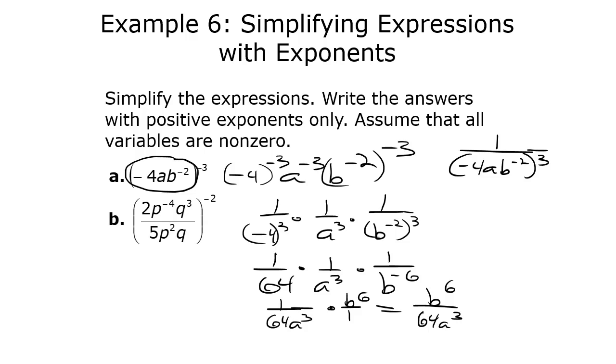Because if we flip this, then it becomes a positive 3. Now we could do everything on it and cube this. So we've got 1 over negative 64. I forgot the negative, because it was a power of 3. A cubed b to the negative 6. And then remember, okay, well, this one defects to the other side, and it gets us right back to there.